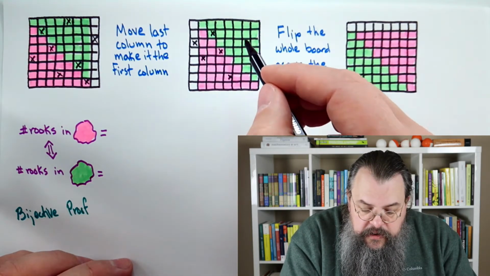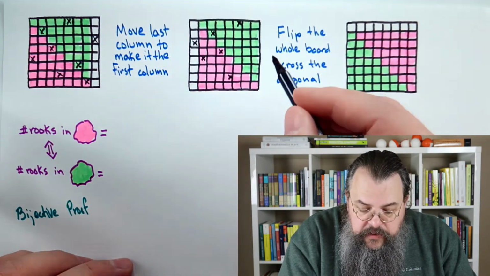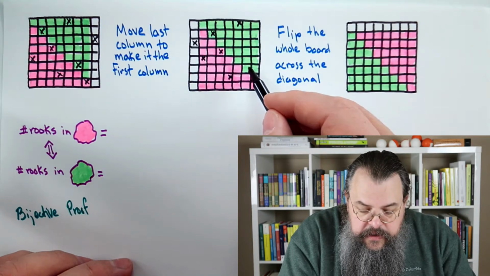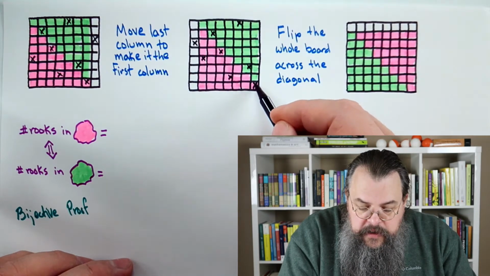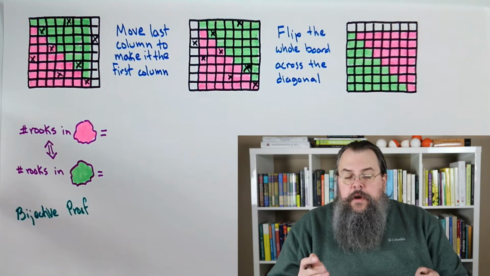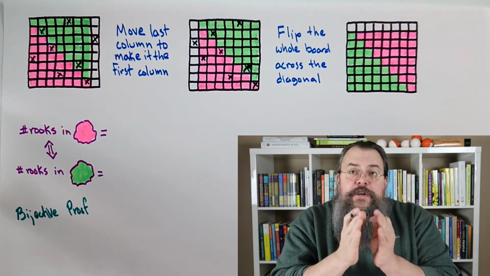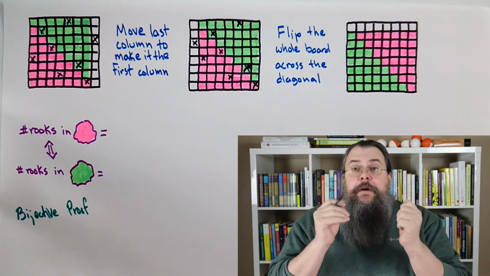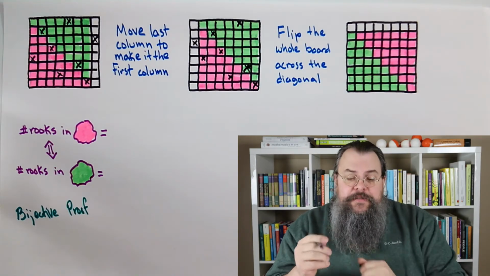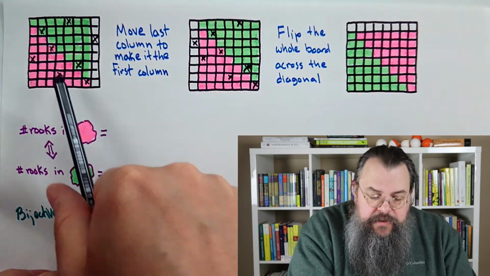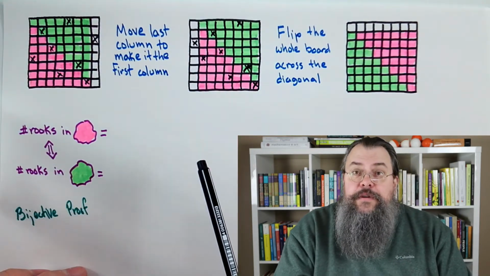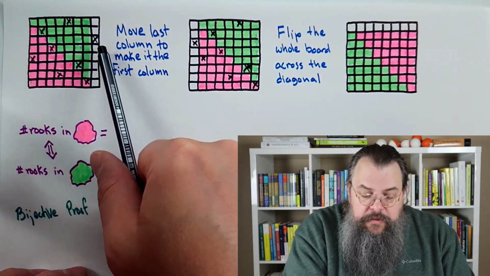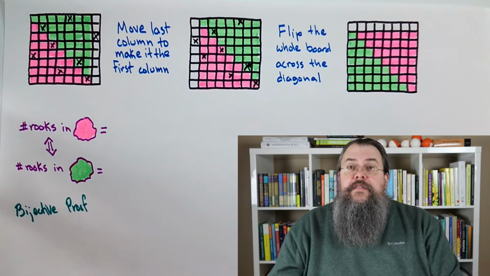All right, great. So there we are. There's what happens when we take that first column and move it to the end. If we had a rook placement before, we had a rook placement after, because that column still has a rook in it and still only has one rook in it. And the row, well, look, it's still in the same row.